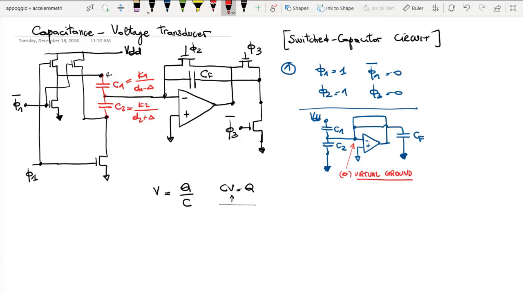In Italian, è cortocircuito virtuale. This node is at 0. Okay? So if this node is at 0, the voltage on the capacitance C2 is 0, because it goes from 0 to 0, and therefore the voltage on the capacitance C1 is equal to VDD.